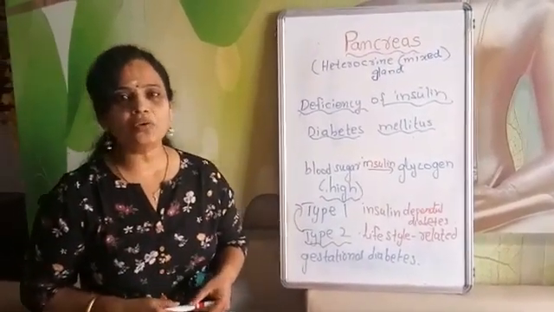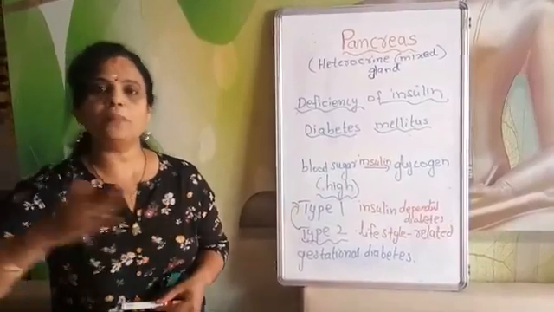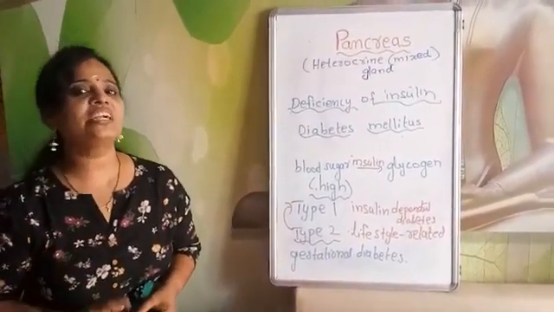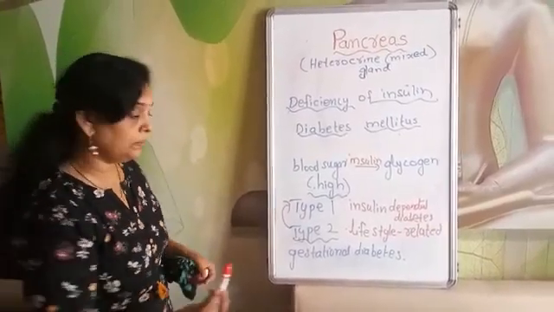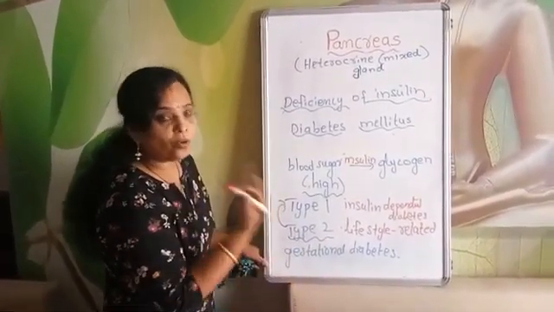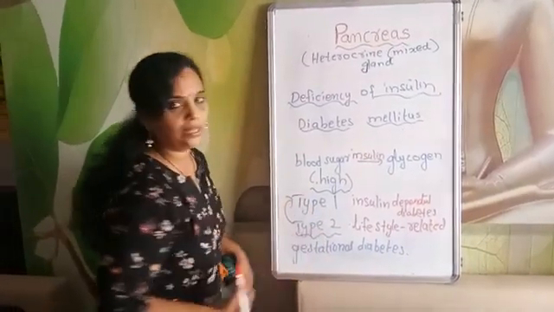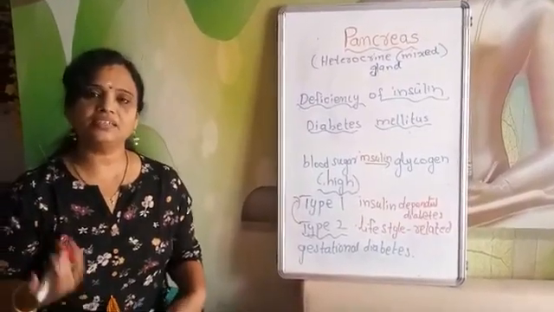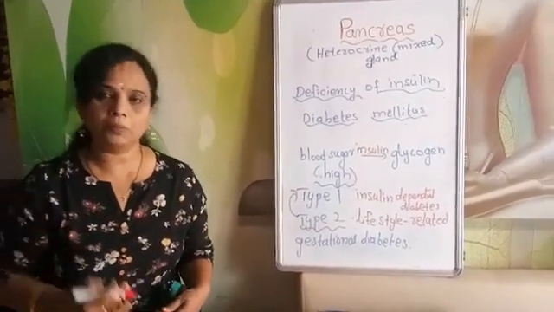It generally goes after the delivery. Once you complete the pregnancy period and delivery happens, this generally disappears. But always remember, once you get gestational diabetes, you are more vulnerable to type 2 diabetes. There are more chances that they can get type 2 diabetes than normal people.